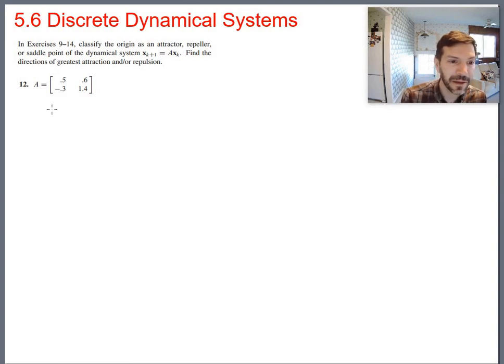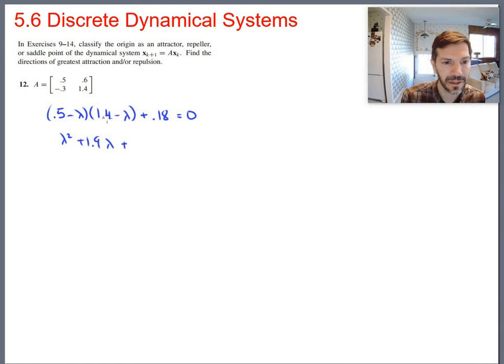Okay, so eigenvalues, here we go. Actually, I don't even need to write the minus lambda on the main diagonal. Let's just jump straight to the characteristic equation. So that'd be 0.5 minus lambda times 1.4 minus lambda plus 0.3 times 0.6, which is 0.18, equals 0, and multiplying things out to get lambda squared plus 1.9 lambda plus 0.88 equals 0.